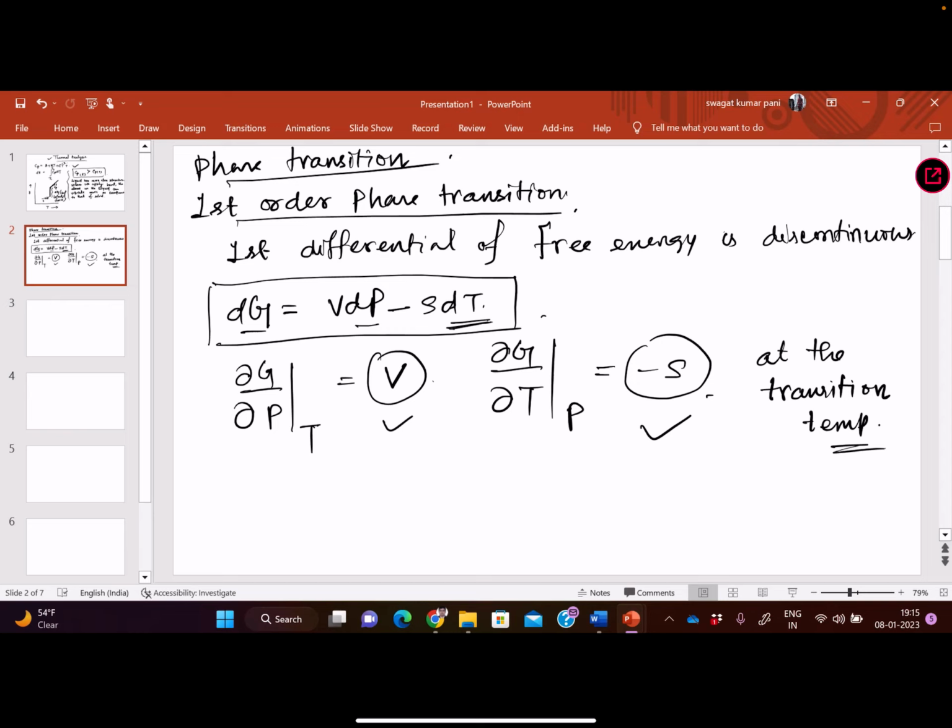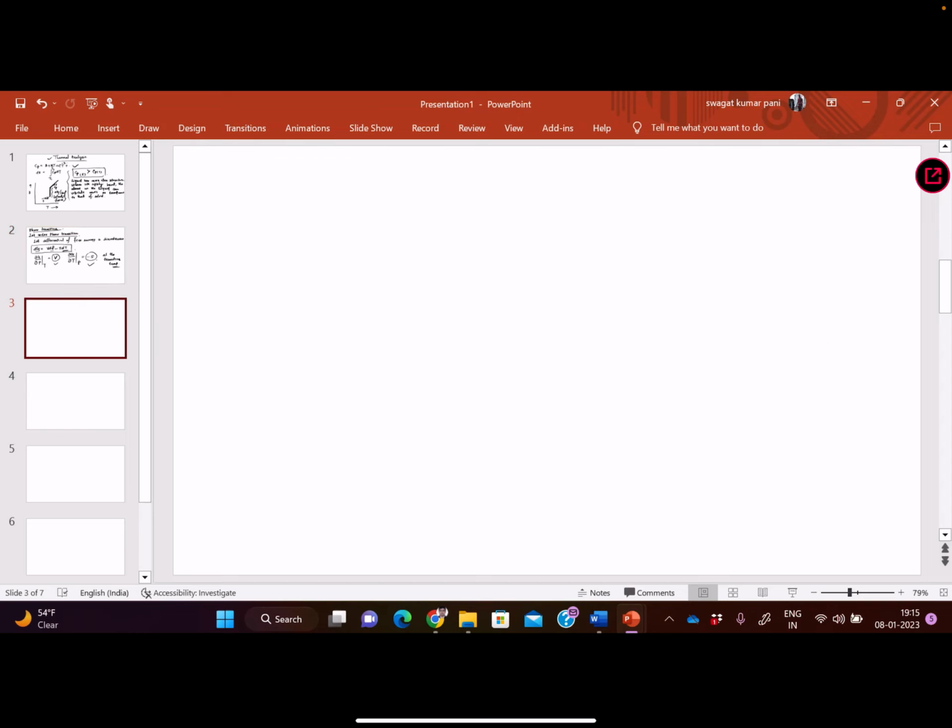Okay, so you can show it graphically. This is the transition temperature, and this is for solid, this is for liquid.